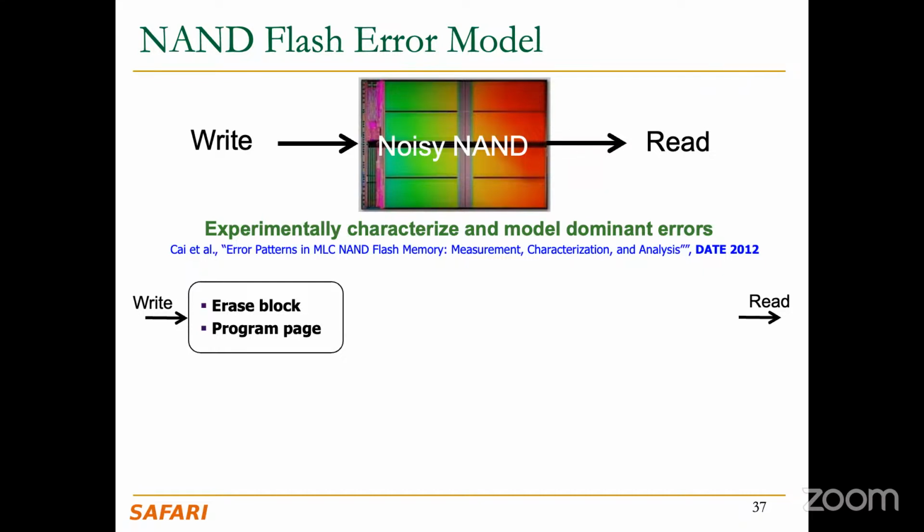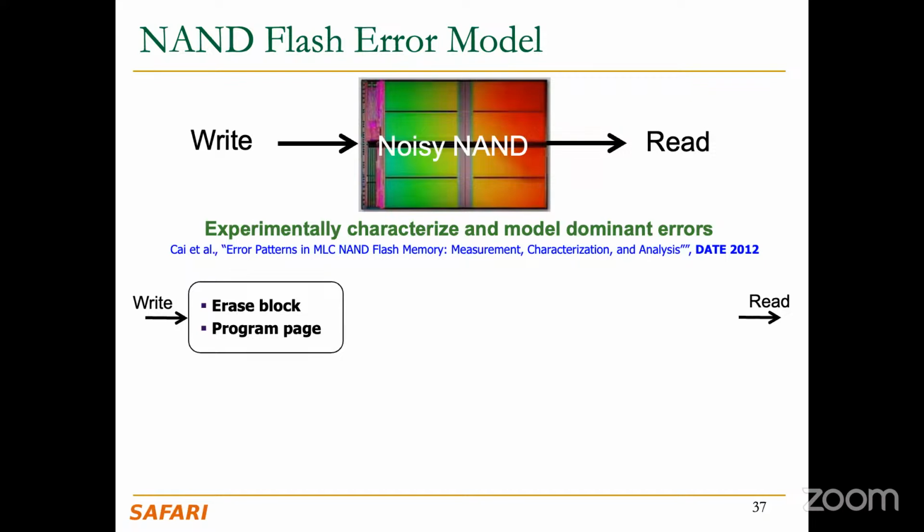But the thing is that when you erase your block, the erasing procedure is not perfect. The function of erasing is to move all the electrons in the charge trap, or let's say the floating gate, to the substrate, right? You want to make sure that the threshold voltage of that transistor is back to the nominal threshold voltage, right?